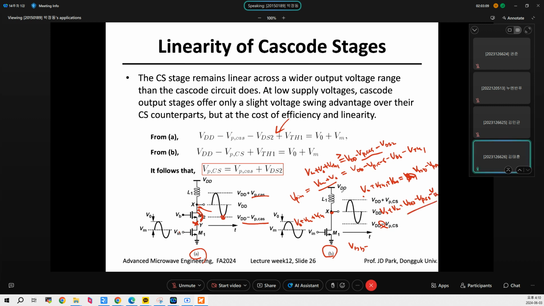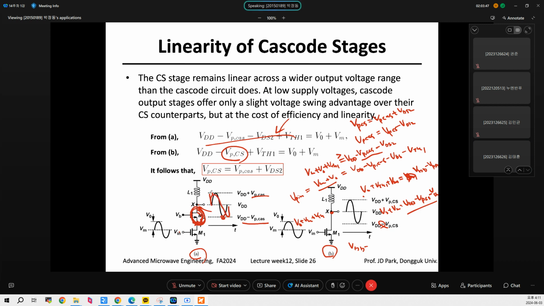If you compare this with this, VP cascode is actually VP cas plus VDS2, which means VP cas has a smaller amount of swing by this amount, VDS2.